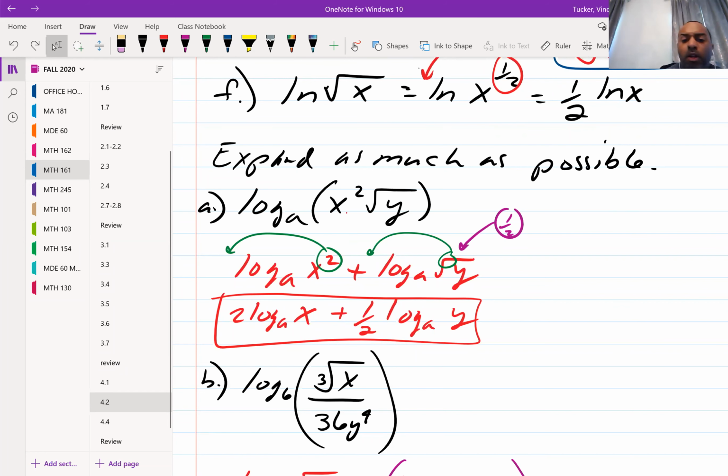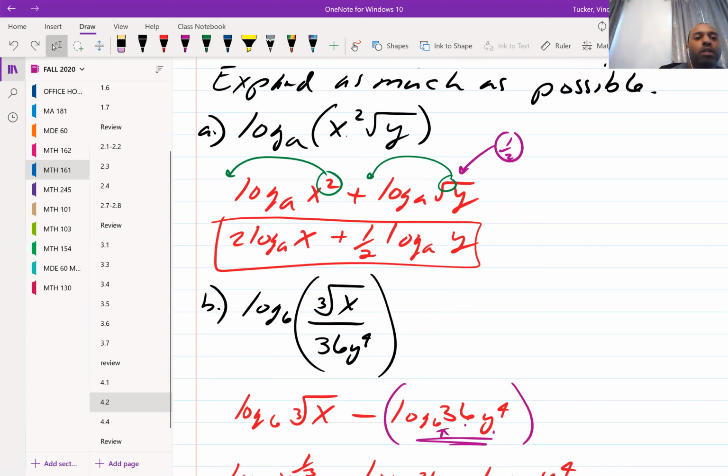Now we have division here, so we need to rewrite this as subtraction. So we have log base 6 cube root of x minus log base 6 36 y to the fourth.